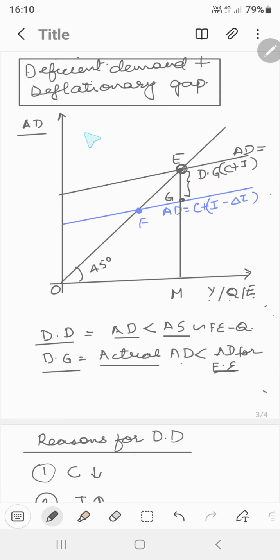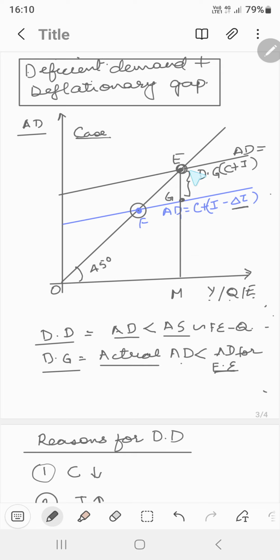Now, the case for understanding deflationary gap is, suppose the aggregate demand curve shifts down. Parallel shift of the aggregate demand curve shows that there is change in I. Due to this, the new equilibrium will be established at point F, where your 45-degree line and the aggregate demand curve intersect each other.